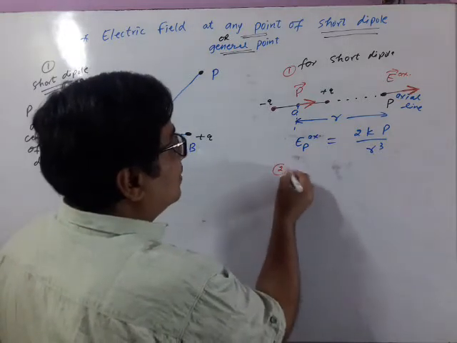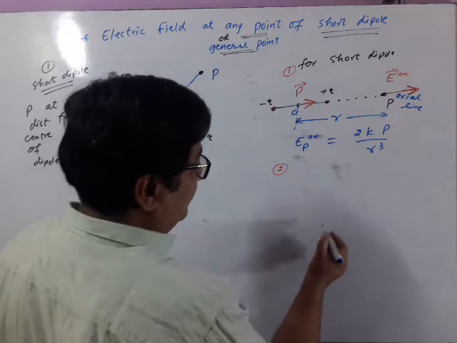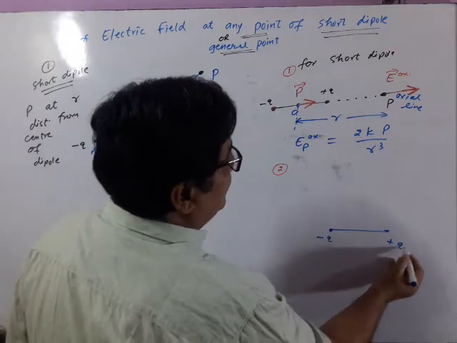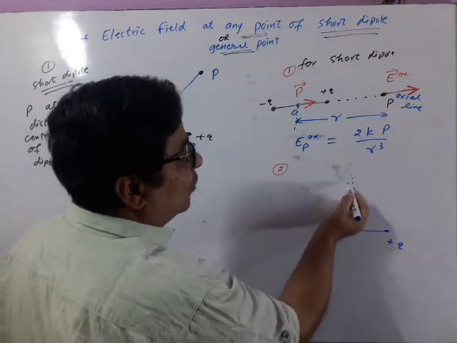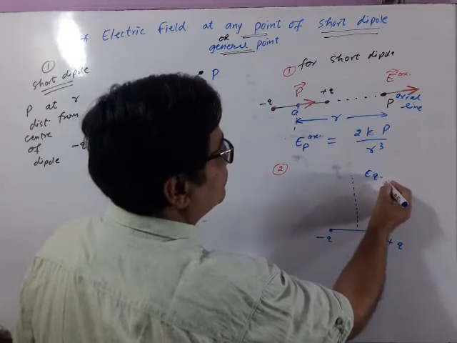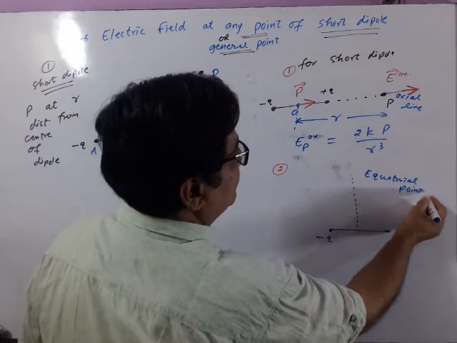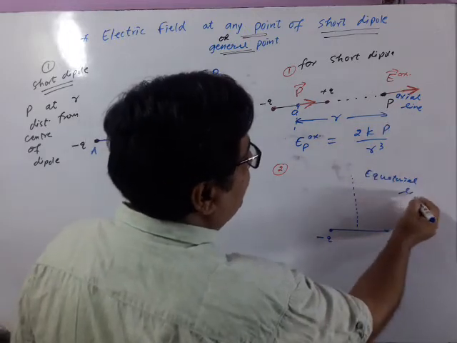Point number 2, what about the equatorial point for the short dipole? See, this is minus q, plus q. This is the equatorial point or broadside-on position or equatorial line, like this axial line, this is the equatorial line.